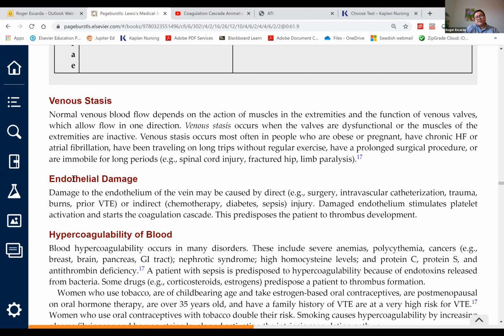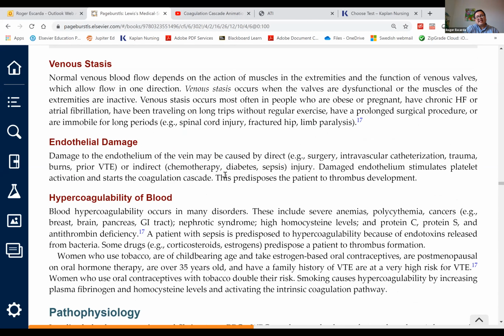The other part of the triad is endothelial damage. This is any direct injury to the vessel. Remember the clotting cascade you saw earlier? Any vessel that is injured will produce tissue factor, and the tissue factor will stimulate the clotting cascade.